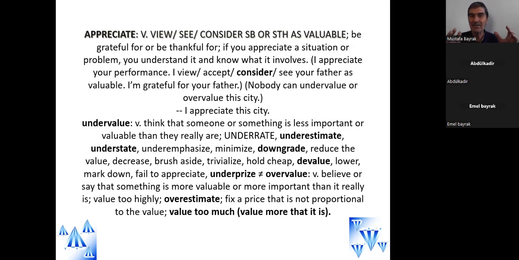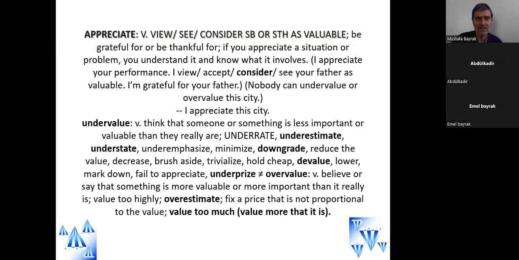Okay, it's enough. What is enough for? It is enough that we appreciate this city. Okay, it is enough. There is no need to overvalue or undervalue. Overvaluing is also negative. So what we need is that we appreciate this city, for example.